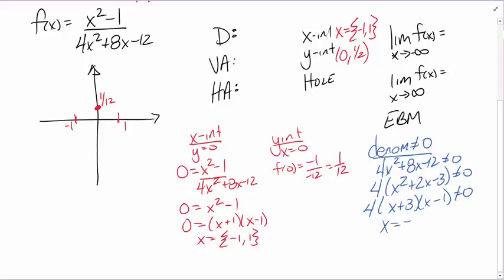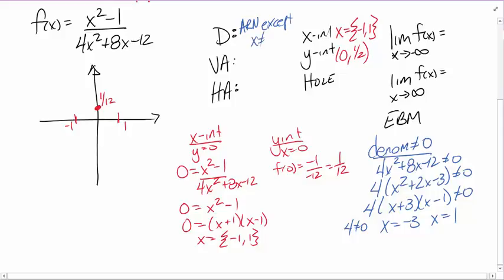X plus 3 equals 0 at negative 3, x minus 1 equals 0 at 1, and 4 never equals 0. So don't let that get in your way. We have two vertical asymptotes according to this, and the domain is going to be all real numbers except x cannot equal, what is it, negative 3 and 1. Vertical asymptotes at negative 3 and positive 1.